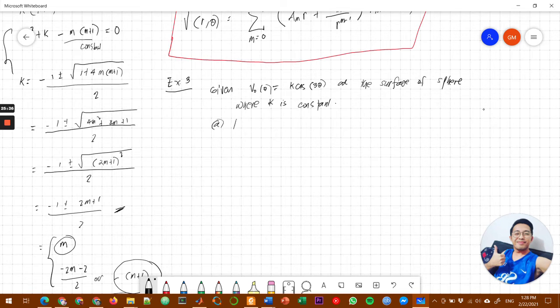So find the potential inside the sphere. The next is you find the surface charge density of the sphere. Okay, so let's have a solution for this.